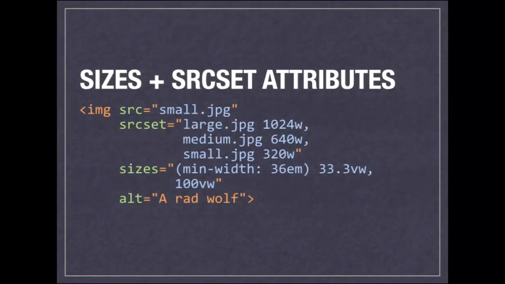That's really good, because a percentage might be confusing there: you might think it's a third of the size of the next larger thing, but we can't really know that yet. What we can say is this image is a third of the entire screen, and that's why vw is a good unit. So we're saying if the viewport is bigger than this, then the image is a third wide. Otherwise, it's going to fill up the entire screen, 100vw. So you go with the largest thing first, and then you go down to the smallest.